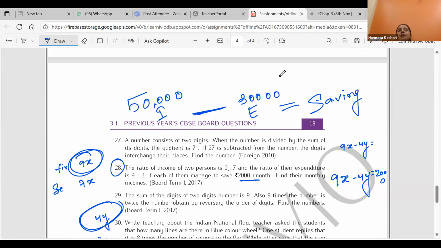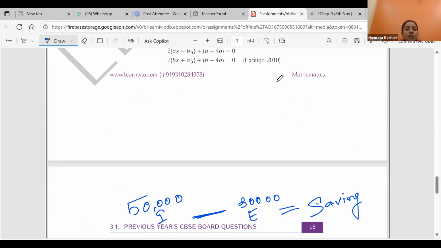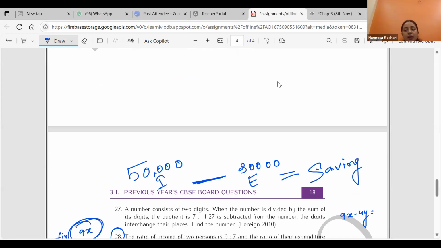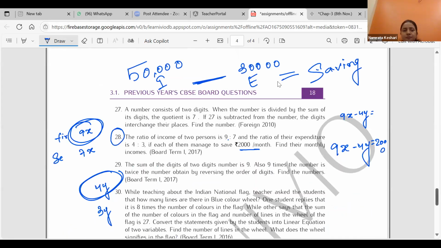In reality a person may use their money in many different ways, but we think in a straightforward way that income minus expenditure is the saving. Is it a formula? Yes, it is a formula. There is a whole lot of business mathematics that uses from the very beginning that income minus expenditure equals saving, and we are using the same thing, and it works in reality also.